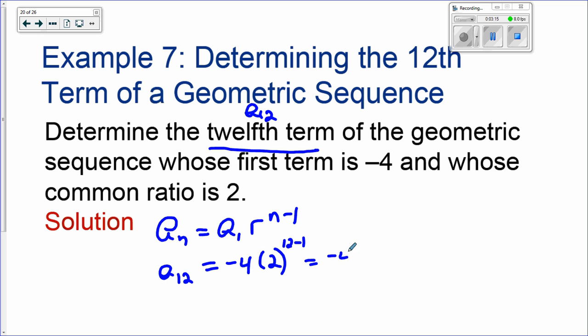So this is -4, and it's 2 to the 11th. You always do this first. You do the 2 to the 11th first, and I got 2,048, and then you multiply by -4, so the answer is -8,192. You would never multiply 4 times 2, right? You do the 2 to the 11th first, and then you multiply by the coefficient, because the 4 is not raised to that 11th power.